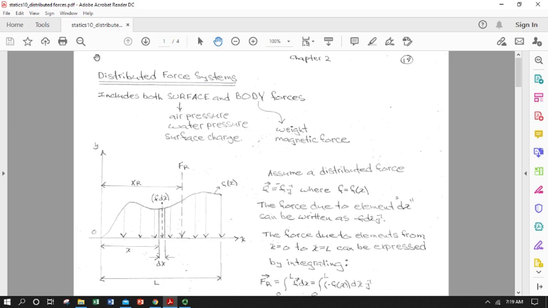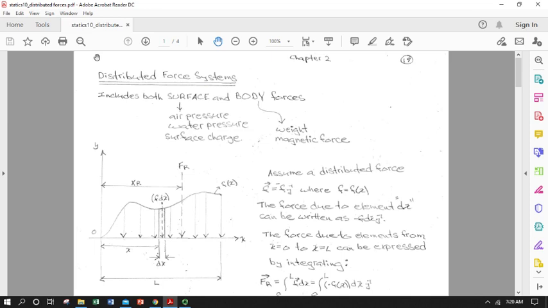You can have distributed forces that act over the entire volume of your rigid body that we're evaluating here in statics. The most common one that we've already looked at is weight. Gravity is a distributed force, or it induces a distributed force system that results in acceleration.